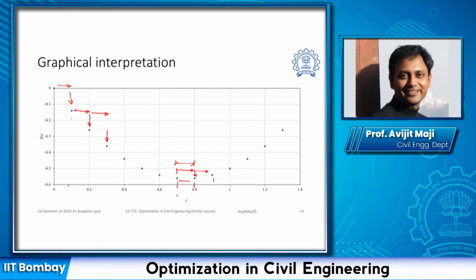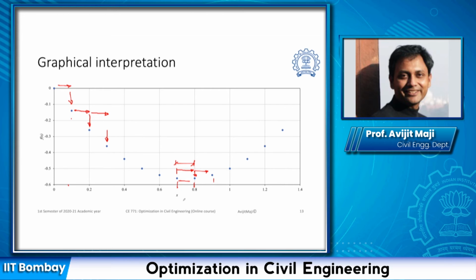Now in this method, you saw that we are taking small steps to move towards our optimum value. If our initial guess point is close enough to the optimum point, we can easily reach the proximity of, or close to, the optimum point.